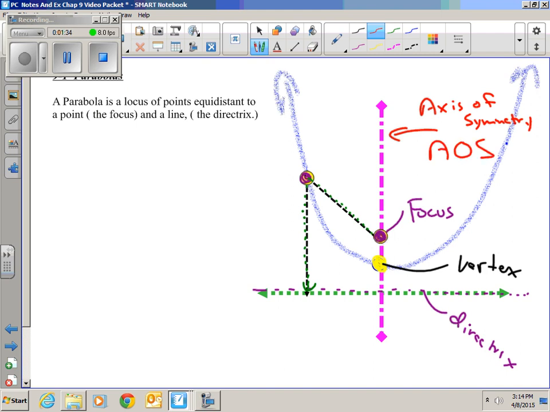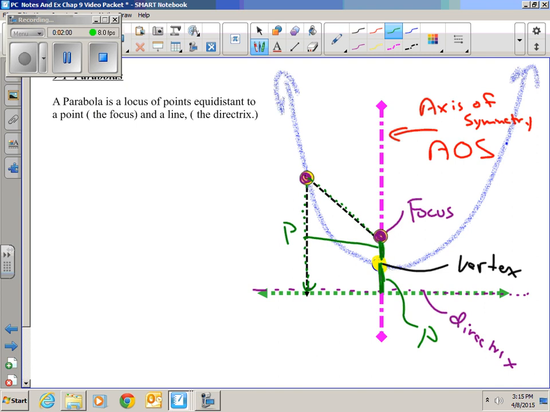I may have spelled symmetry wrong. There's only one M. Let's go on. Before I go on, one more thing. This distance between the vertex and the directrix is called P. This distance right here between the vertex and the focus is the same distance, so it is also called P.